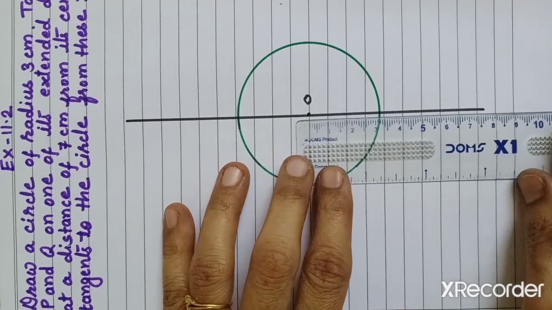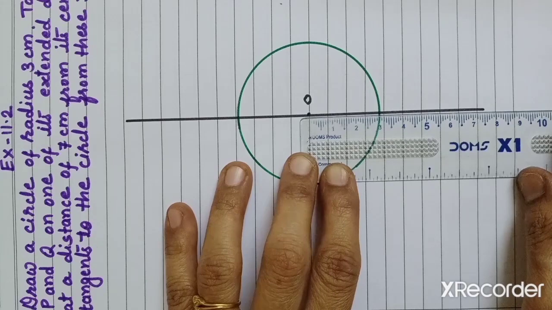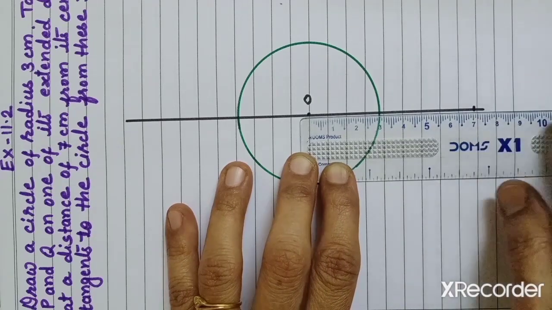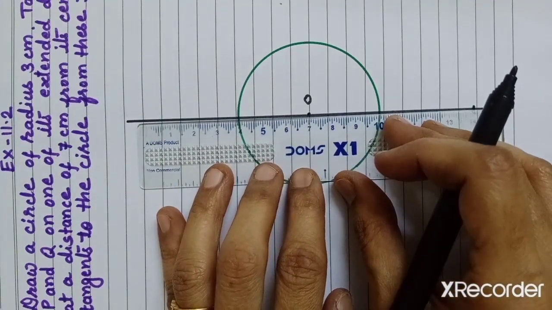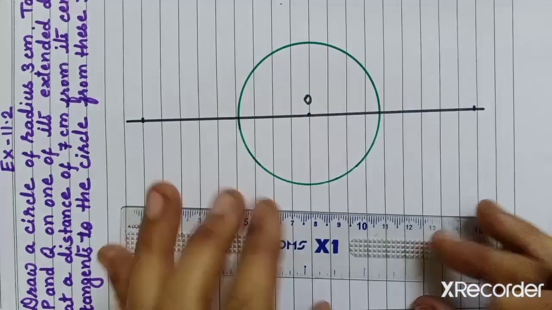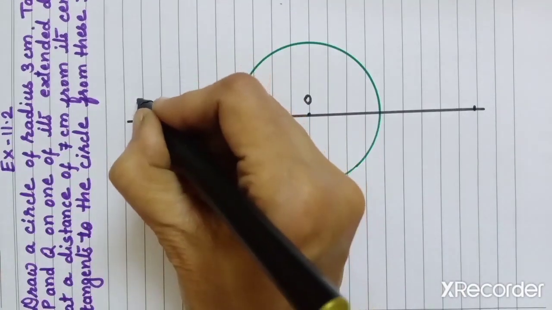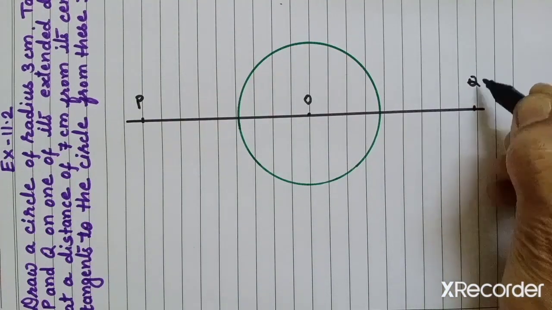Now from this center, the required point is at a distance of 7 centimeters. Suppose here is that point, and also to the left side there is a point. So give them names. This is, say, point P, and this one is, say, point Q.